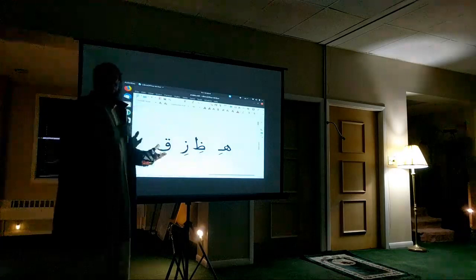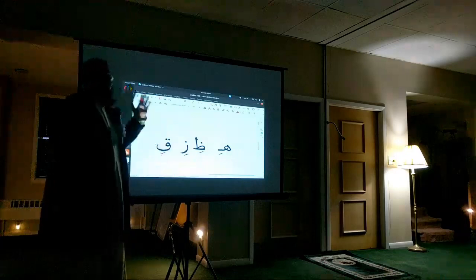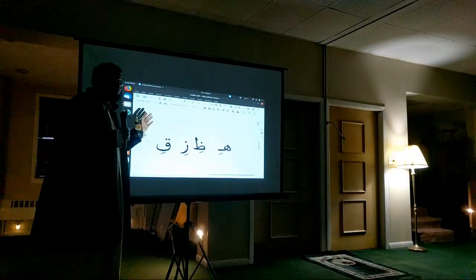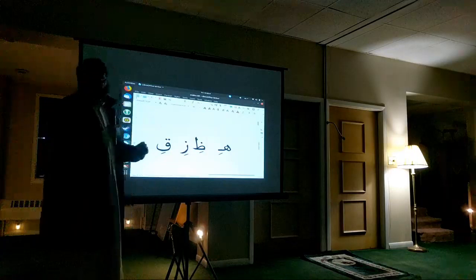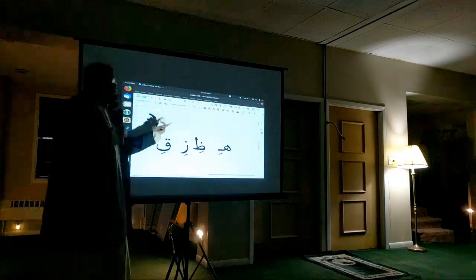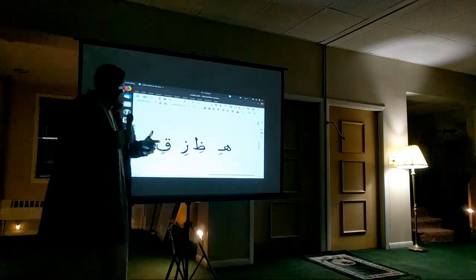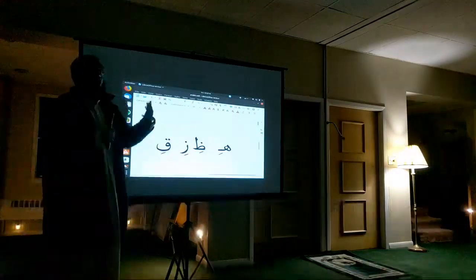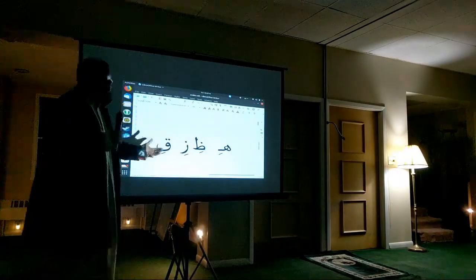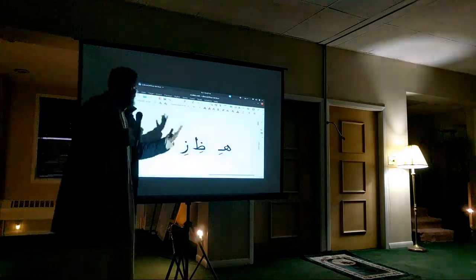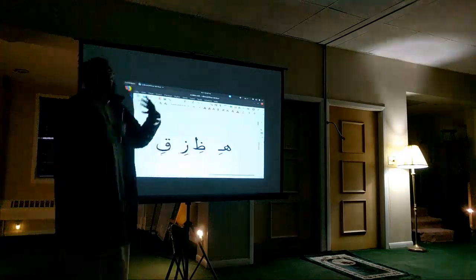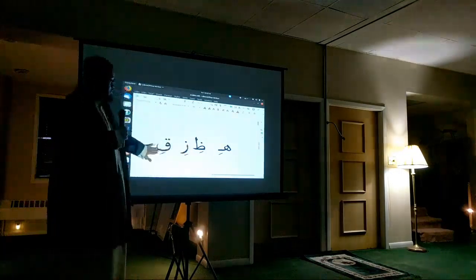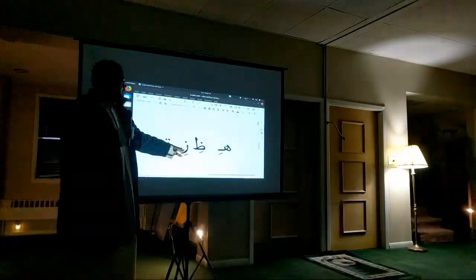Yes, reading. Reading is qira'atun, and writing is kitabatun. You have kitabatun from the word kutub, or kitab, which means book. And you have qira'a from the word Quran or qara'a, which means to read. So qira'a is reading, kitaba is writing.